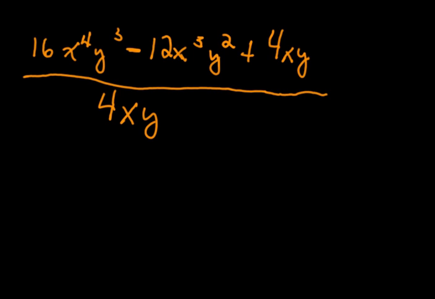16x to the 4th y cubed minus 12x cubed y squared plus 4xy divided by 4xy. So what I would do is I'd look at the top and go 1, 2, 3 terms. So I'm going to have 3 divisions. My first division, 16x to the 4th y cubed divided by 4xy.